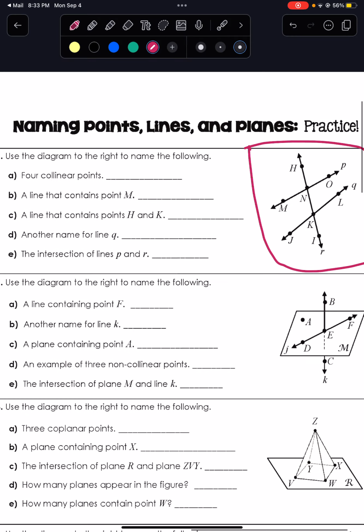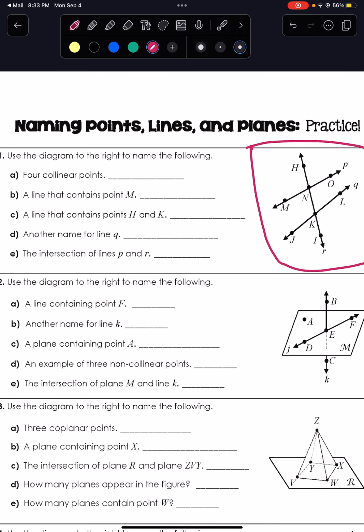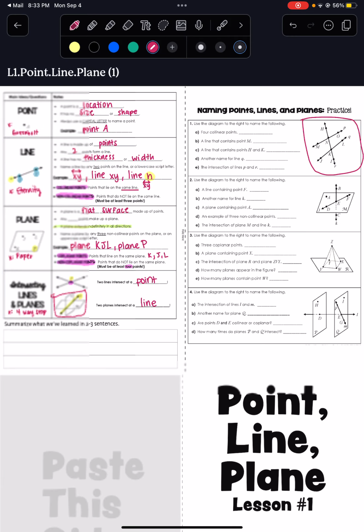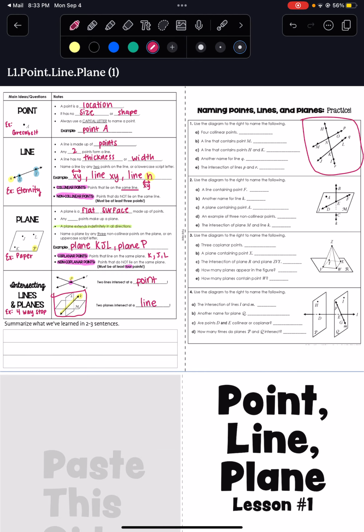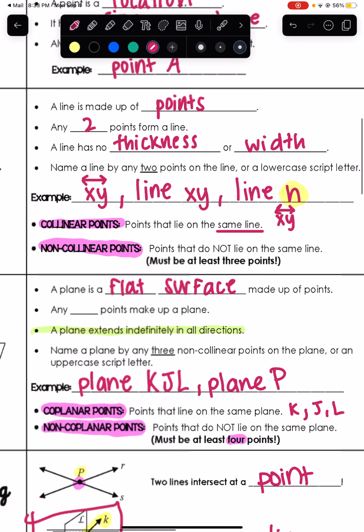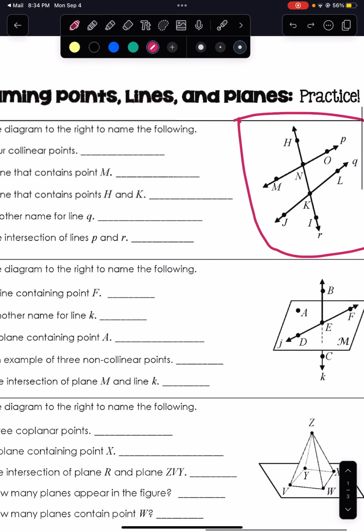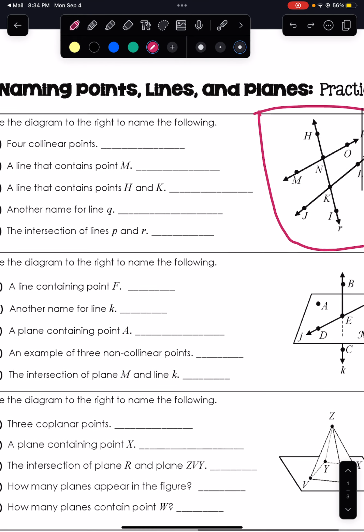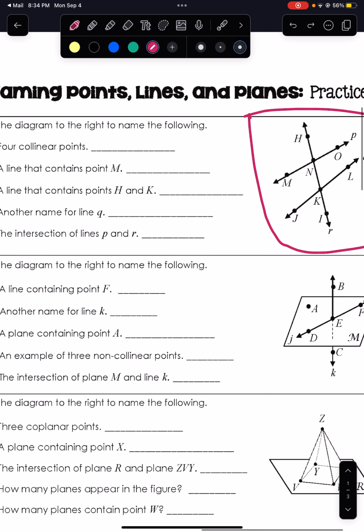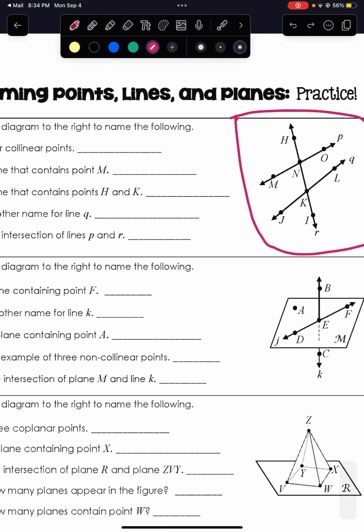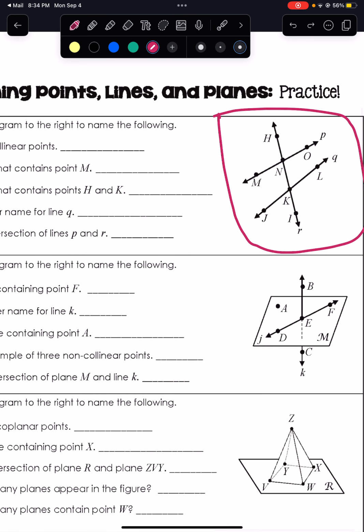So we're gonna name 4 collinear points. So I'm gonna go back and I'm gonna find, okay, collinear points. That means points that lie on the same line. Cool. So I'm going back to my picture here, and we're gonna find 4 collinear points. On what line in here do I see 4 points that are on the same exact line?